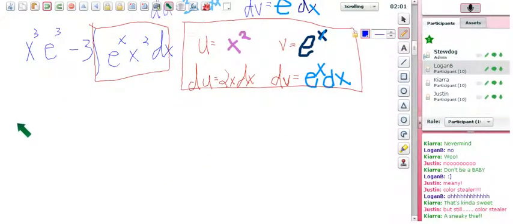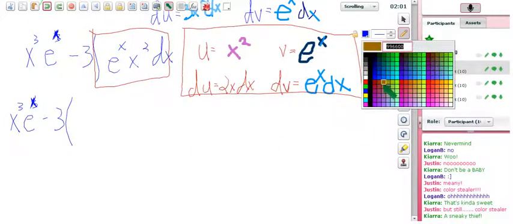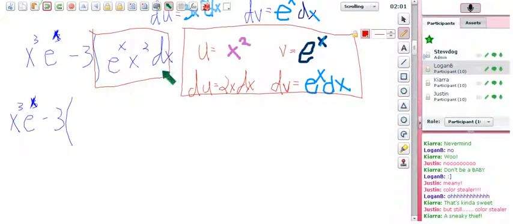We still have this x to the third, e to the x, minus 3 times, and now this part I'll write in red because it comes from all of this red stuff.